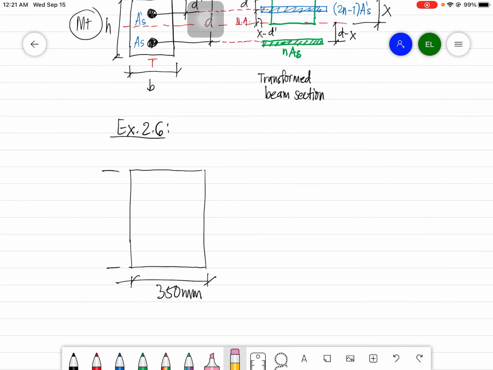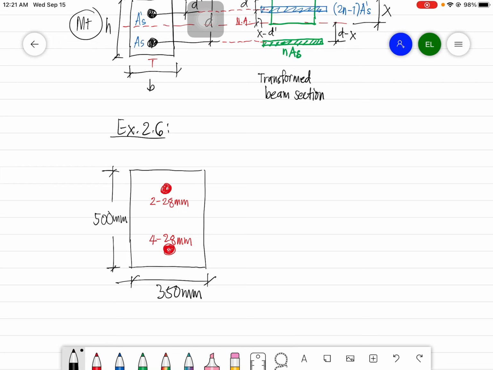Then we have the bars. We put the bars here. We have these bars and this bar here. This is the compression bar, which is 28 mm. Then we have the tensile bar, which is 28 mm.